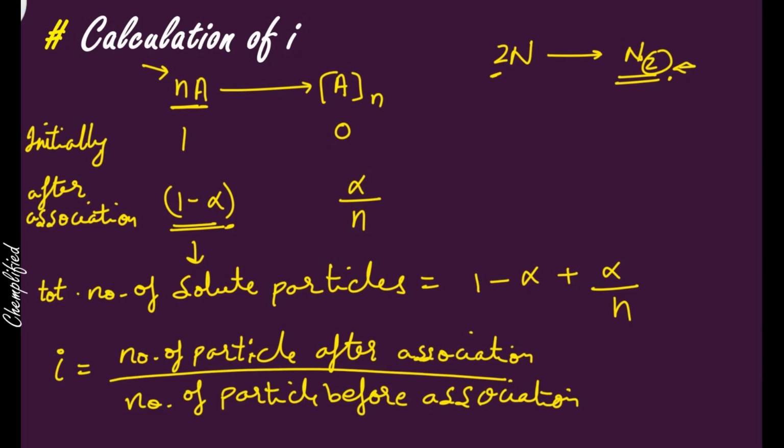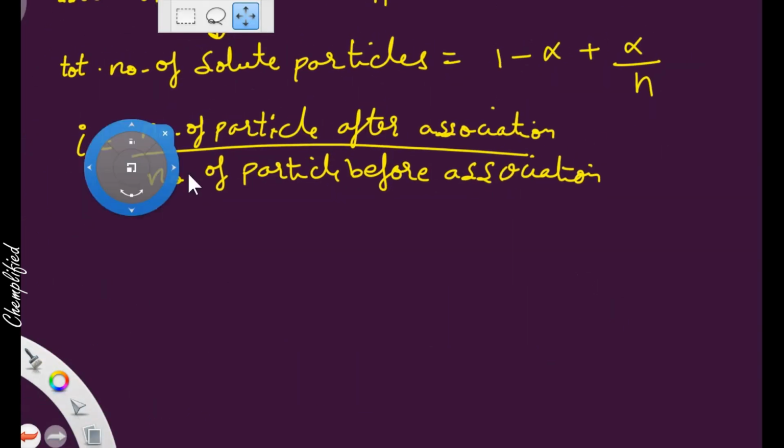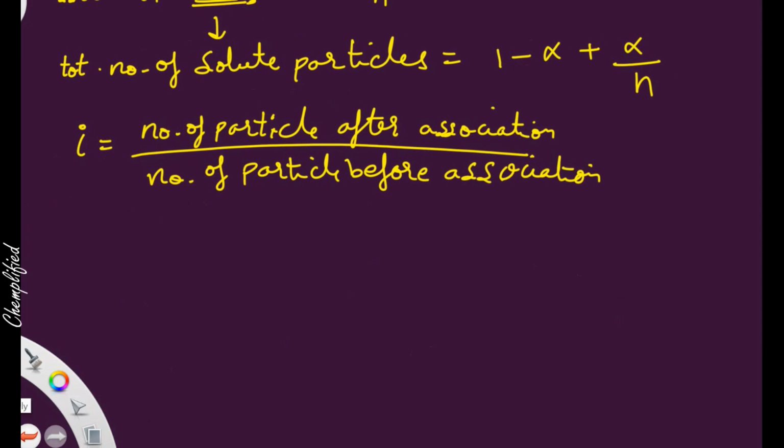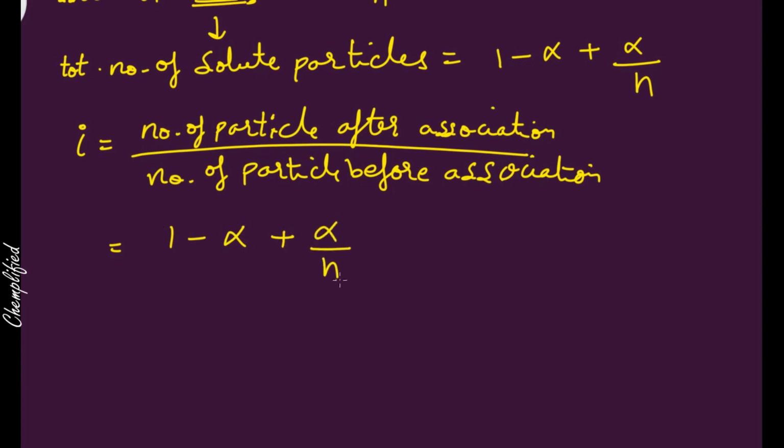Right, this is the formula. Now put in the values. i will be equal to 1 minus alpha plus alpha upon n, upon 1, right?